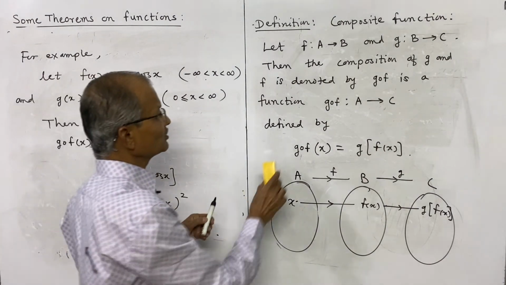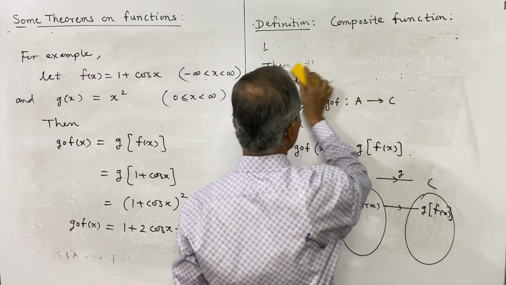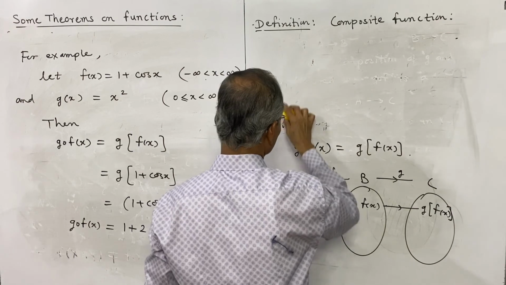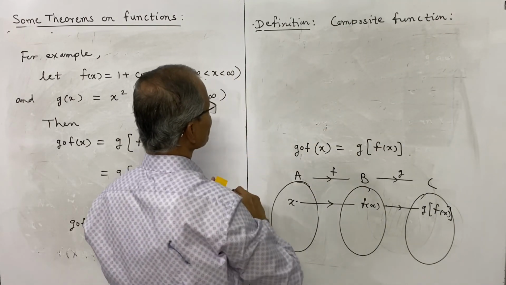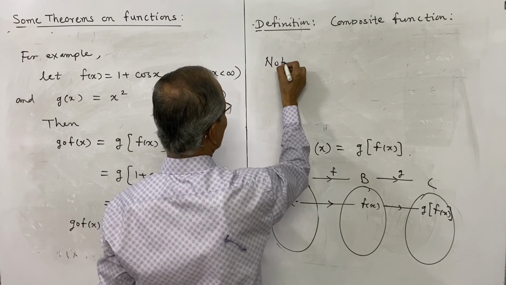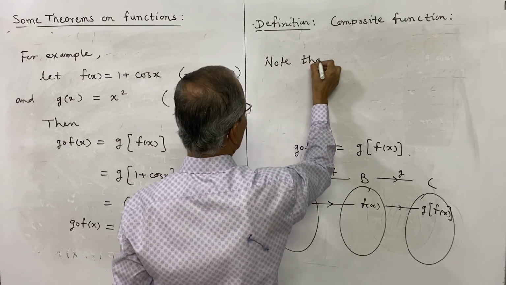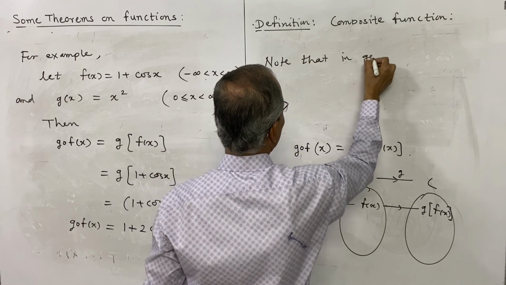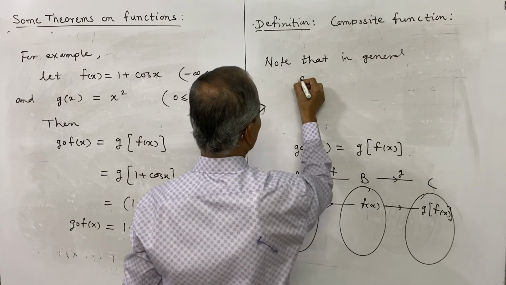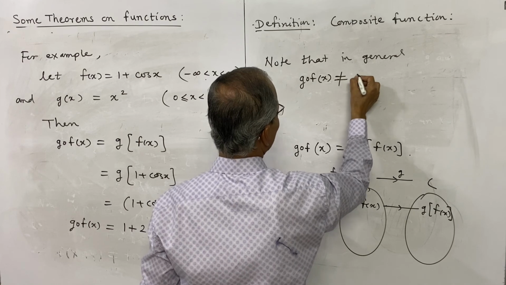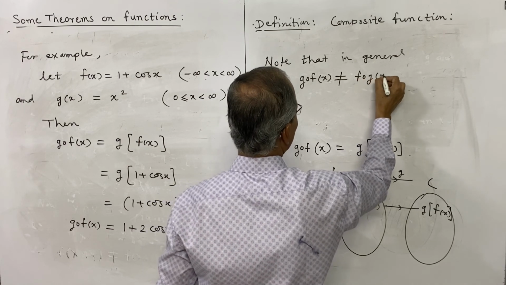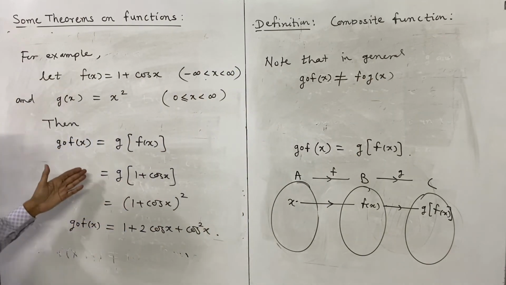And note that g naught f is not equal to f naught g in general. G naught f of x is not equal to f naught g of x. You can find what will be f naught g here.